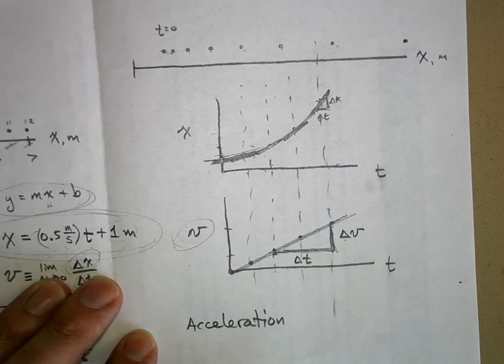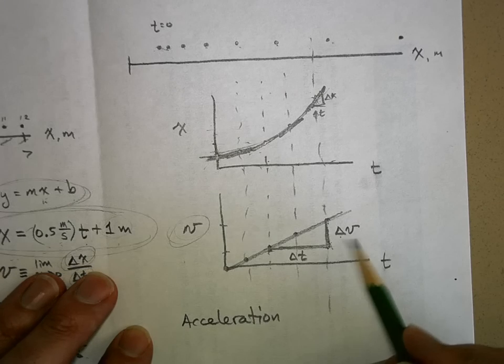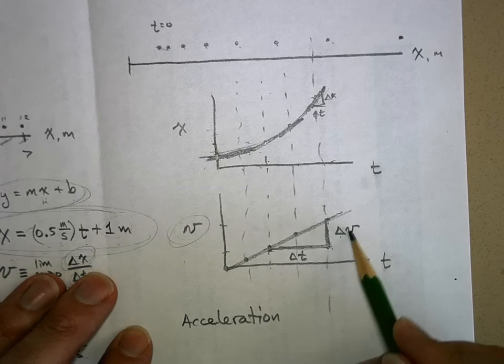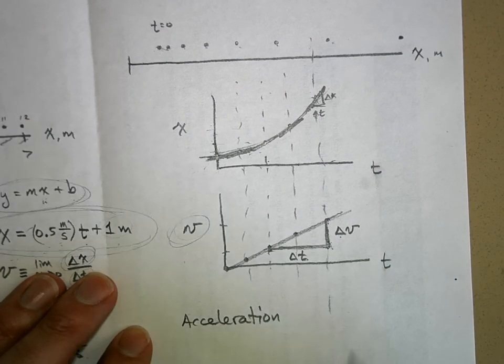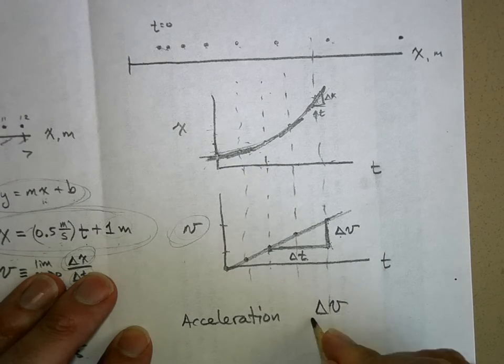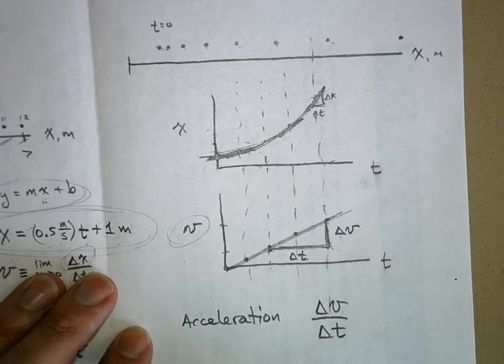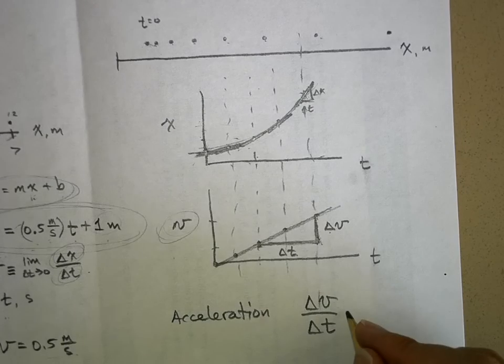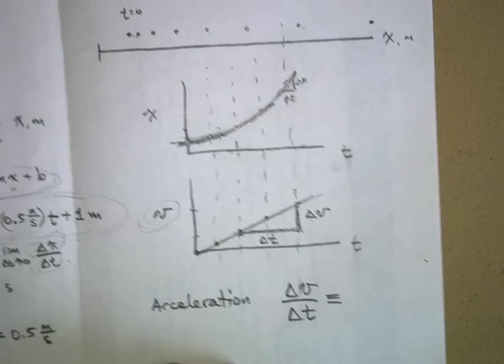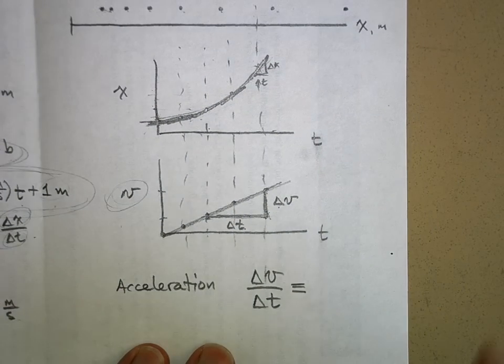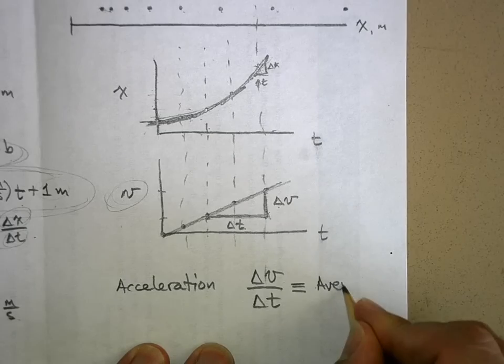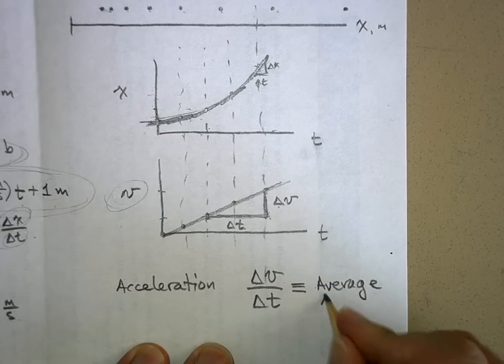Now, if you're just going to do a delta V over delta T calculation like that, this by definition is called average acceleration.